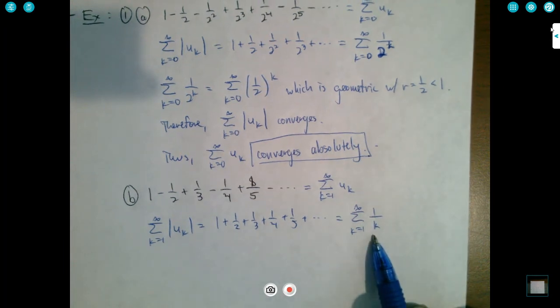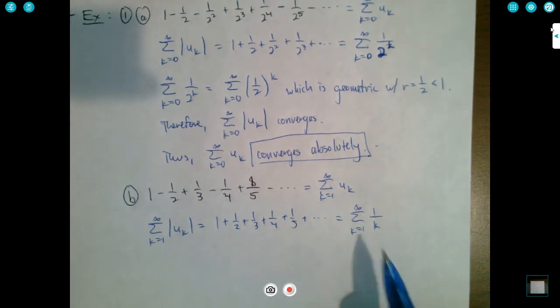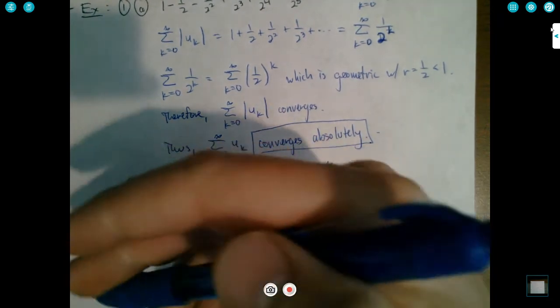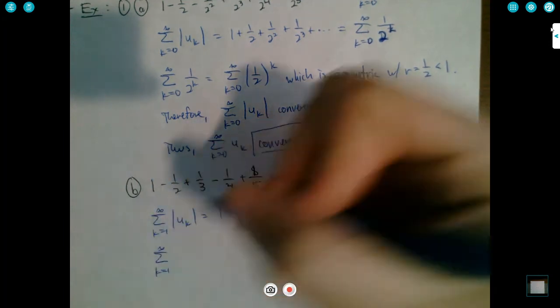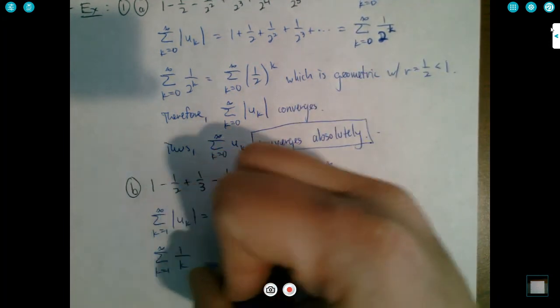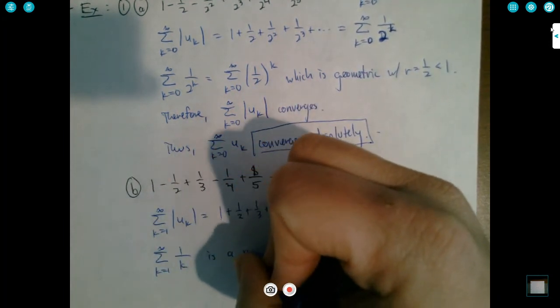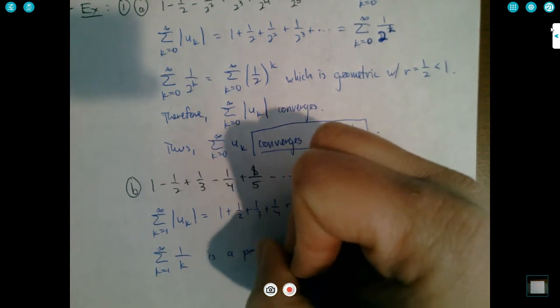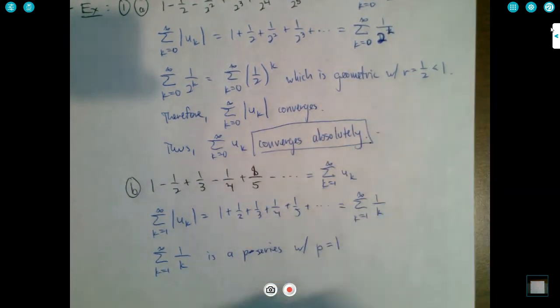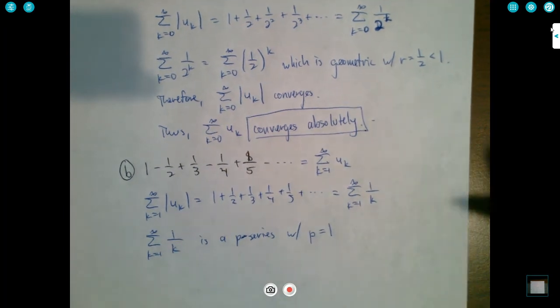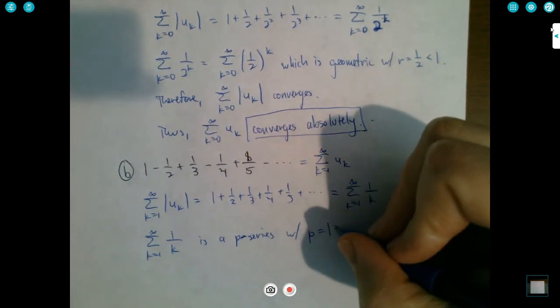So this thing we know to be divergent, because the sum from k equals 1 to infinity of 1 over k is a p-series with p equals 1, which is greater than or equal to 1.